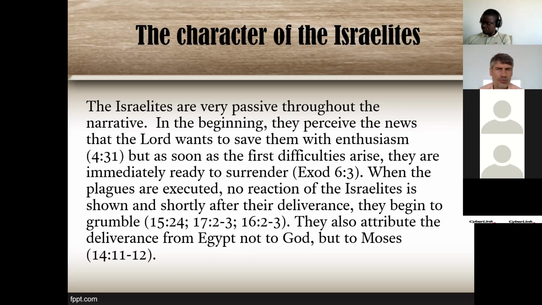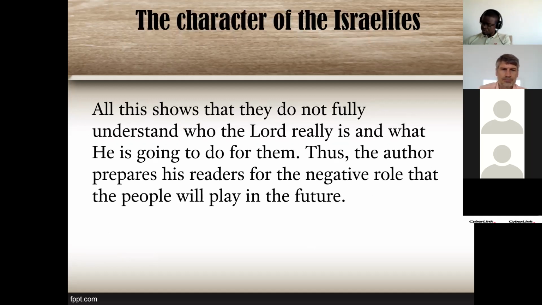He didn't really confess, but he just confessed because of the pressure of the circumstances. This explains why the Israelites are portrayed as very passive in the book of Exodus, and after the deliverance they are portrayed even negatively, because immediately after the deliverance, they began to grumble, to complain, and to blame Moses for bringing them out of the land of Egypt.